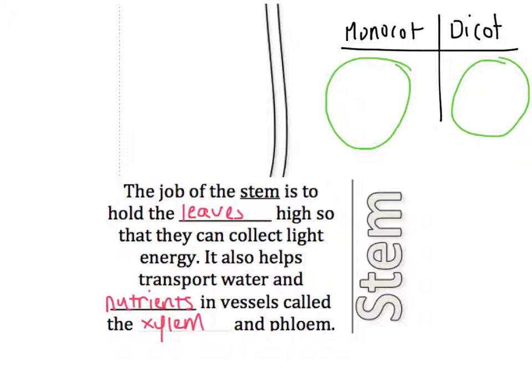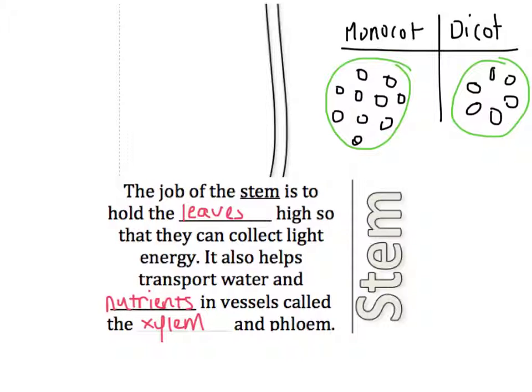So in our monocot, we have kind of what I would say like a salami looking cross section. It's just arranged kind of sporadic. The vascular bundles are all throughout the stem cross section. And the dicot, however, we have vascular bundles arranged in a ring around the cross section. So it's kind of this imaginary circle or area in which they can be located.